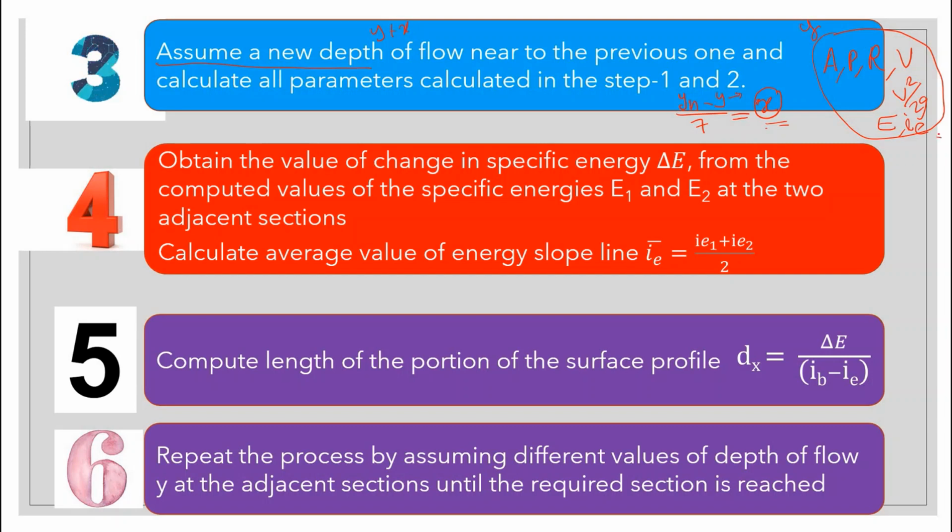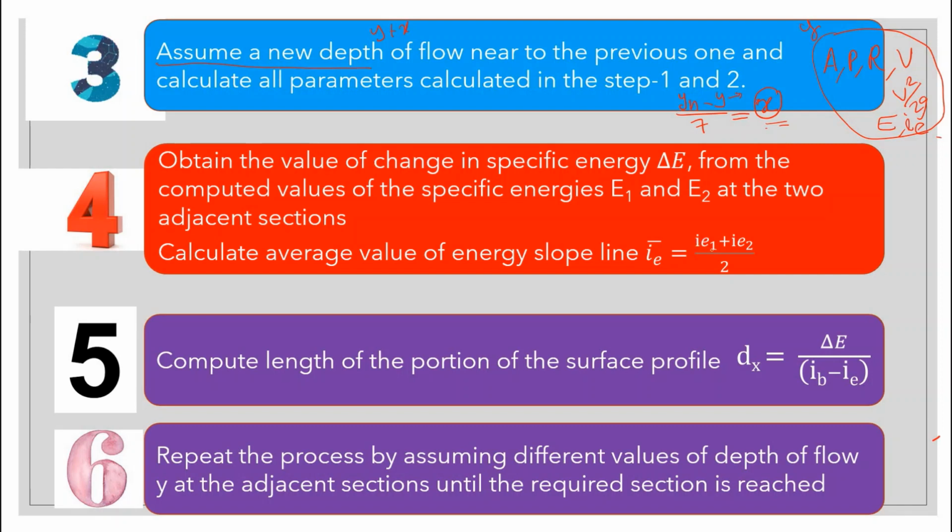Now the fourth step is to obtain the change in specific energy. We have calculated specific energy for all the sections, for all the depths. Now find the change in specific energy between each depth. We can calculate the average value of energy line slope just by adding the energy line slopes of nearby depths and finding the average.